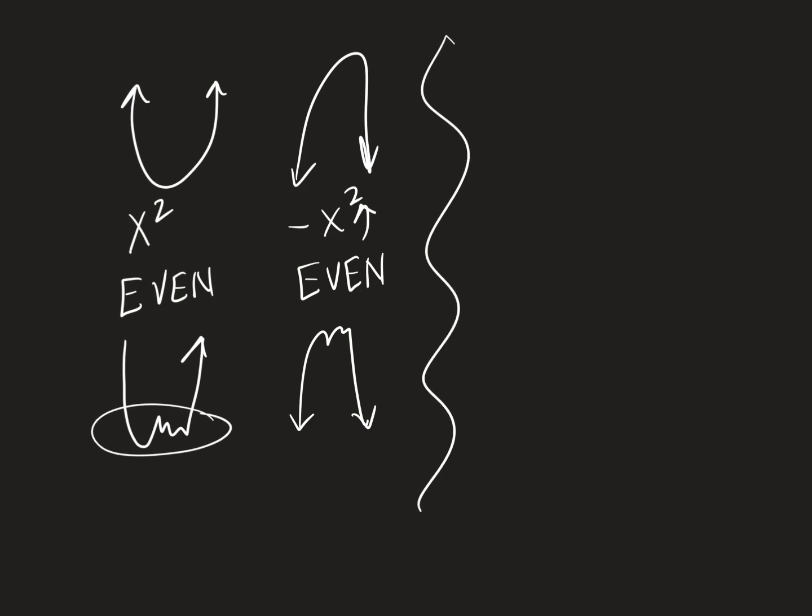Contrary, a cubic, an x to the third function, is going to go like this. And a negative cubic is going to reflect and go like this. It doesn't matter if it's an x to the third or an x to the fifth or an x to the seventh.